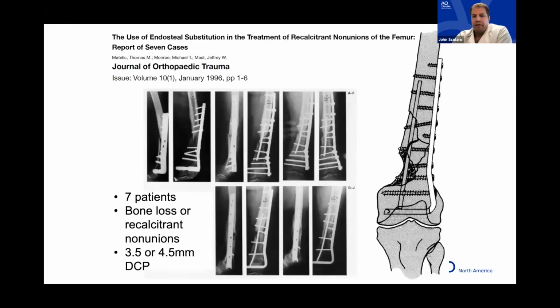We talk about nail plate dual constructs. This is not a new thing, and so if you look back in the literature and you start going back to a period of time before we had fixed angle locking implants, the use of dual plates or intramedullary support was already described by Jeff Mast for endosteal support and recalcitrant non-unions of the femur.